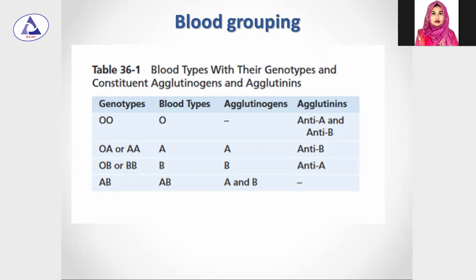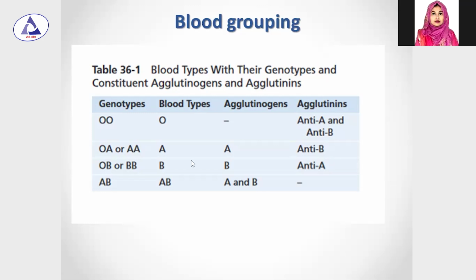It says that if an agglutinogen is absent from the RBC membrane, here antigen B or agglutinogen B is absent, then the agglutinin will be present, meaning anti-B is present.